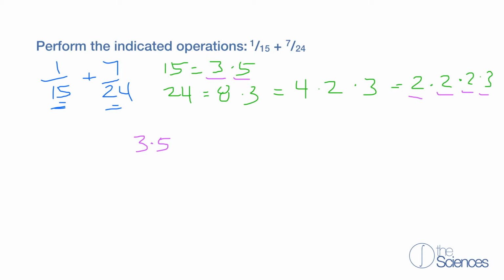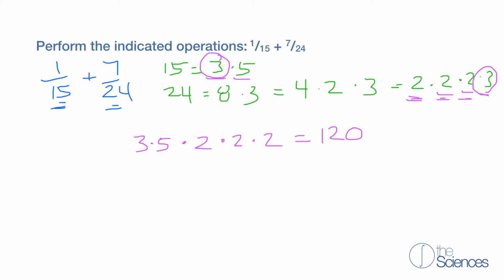Now we're not going to count this 3 because 3 appears here and 3 appears here. So all we're going to do is take these 3 2s, times 2 times 2. So when you multiply, this gives us 120.